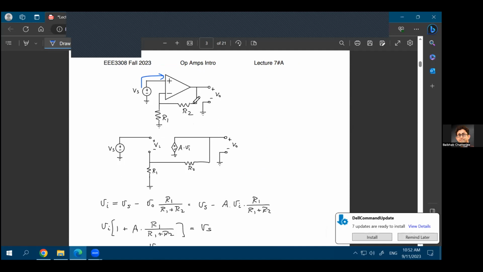But now what we are saying is that there are no resistances. I am just taking this output and putting it back at the input negative terminal. That's all we are saying.